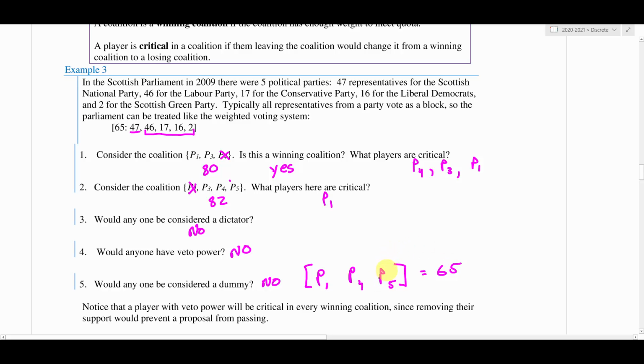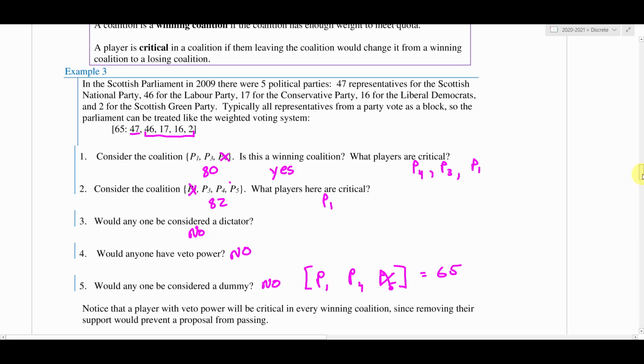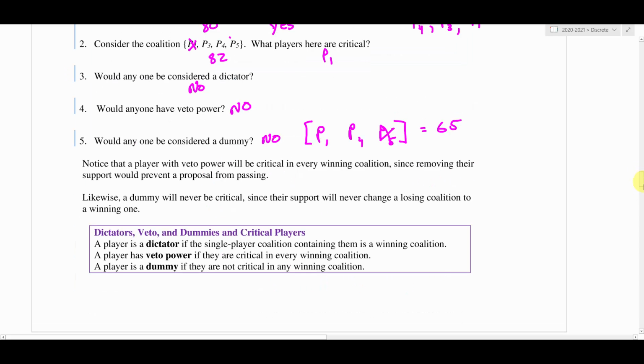Now let's say player 5 gets upset here, and they decide to leave, right? Player 5 only has 2 votes, so if anyone's going to be a dummy, it's him. But in this particular scenario, if these 3 were to team up, player 5's 2 votes are needed, because if he leaves, they drop down to 63, and all of a sudden, they're not a winning coalition. So player 5 is essential for this scenario. So there are no dummies.